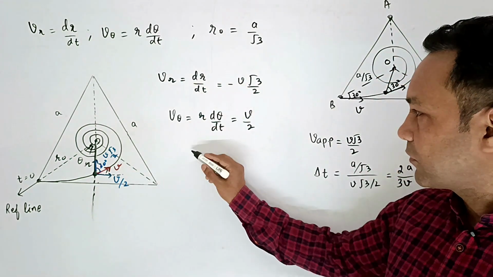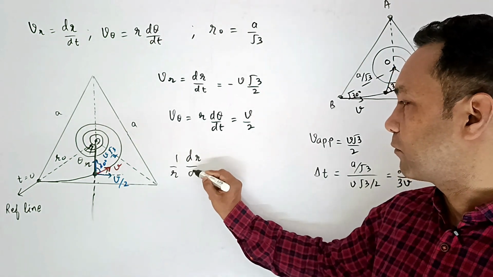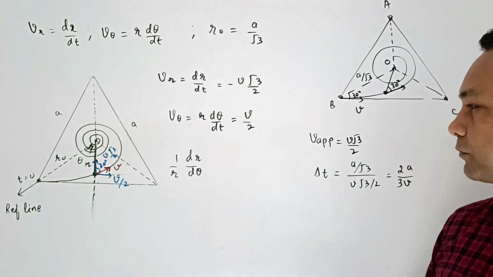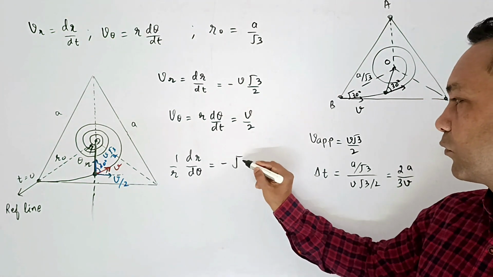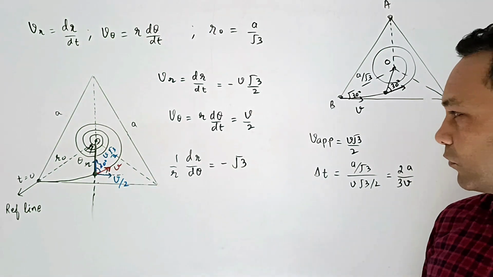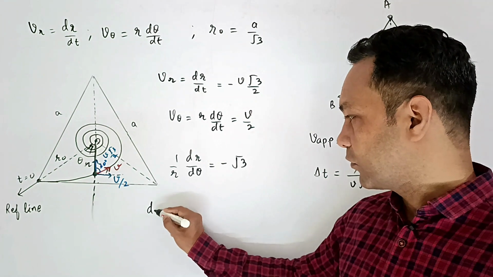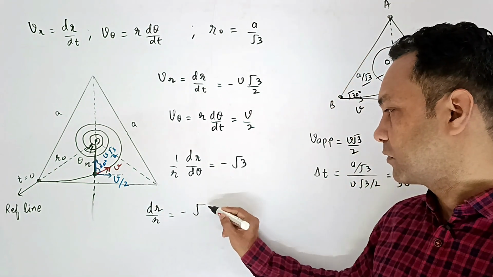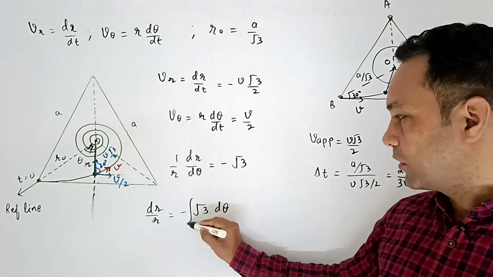If we divide these two equations, we will get 1 by r dr by d theta. dt will get cancelled, and from here we get only root 3. So we have got a simple differential equation in r and theta. So dr by r is equal to minus root 3 d theta, and we integrate it.